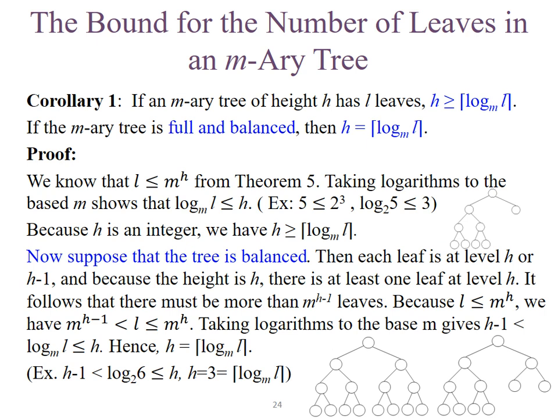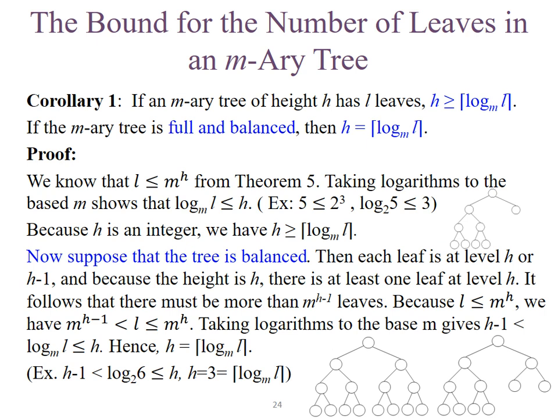Next, let's see if the memory tree is full and balanced. Then we suppose the tree is balanced. Remember the definition of a balanced tree: all leaves are at level h or h minus 1. So if we consider the memory tree of height h, what is the least possible number of leaves? Each leaf is at level h or h minus 1 because we already know the height is h.